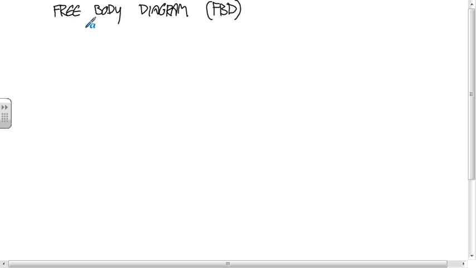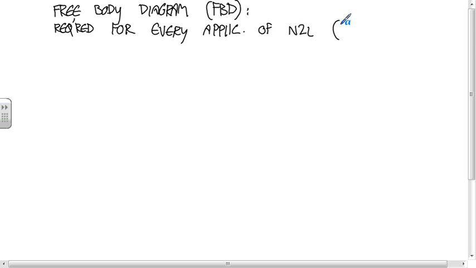And these are required in this class for every application of Newton's second law. And when we talk about rigid bodies and the rotational version of Newton's second law, these will be required whenever we're using the rotational equation too.